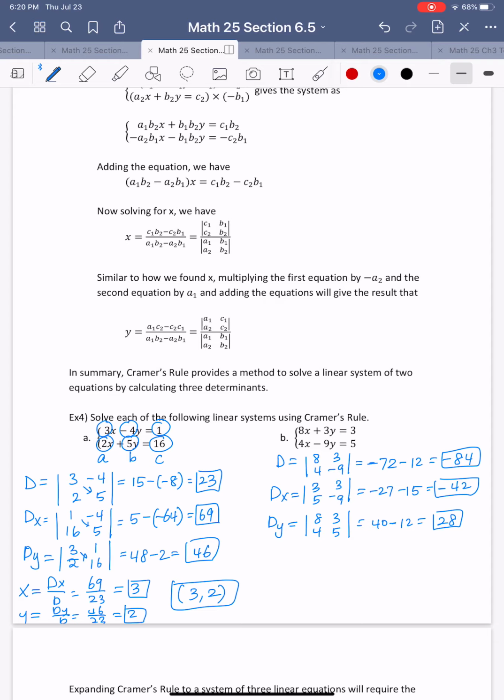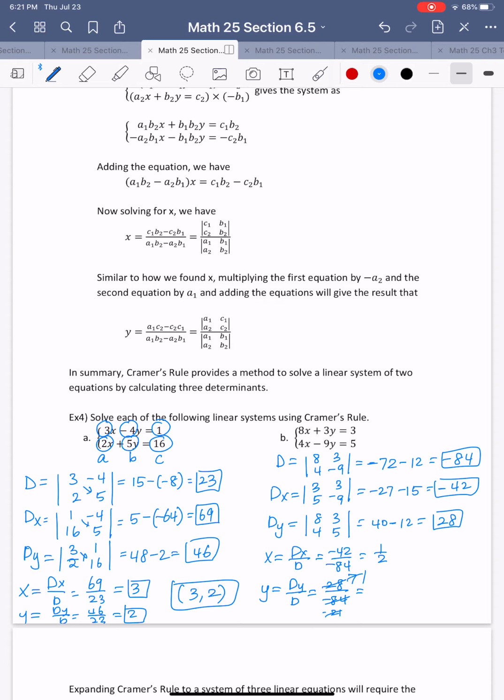Okay, and then in order to get x, Dx over D, I got negative 42 over negative 84. I think this is a half. And then y is Dy over D, which is 28 over negative 84. 4 goes into 28 seven times, so it's going to be negative 21.